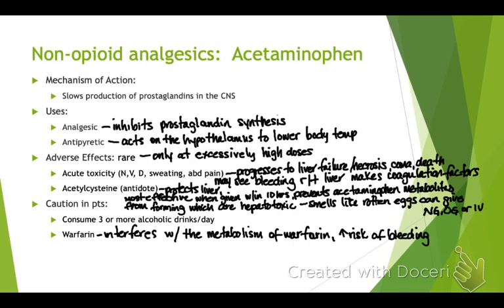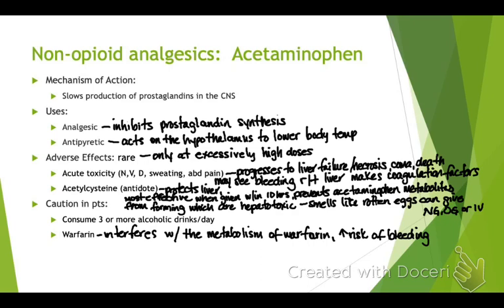Adverse effects that we see with acetaminophen are usually rare. They only really occur with excessively high doses. One of them would be acute toxicity. So you'll see nausea, vomiting, diarrhea, sweating, abdominal pain. It can progress to liver failure.